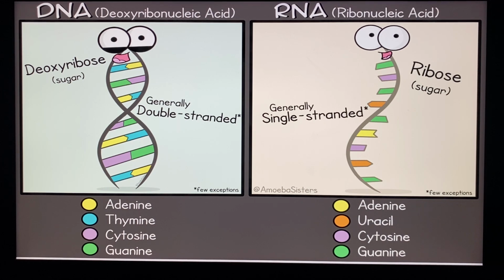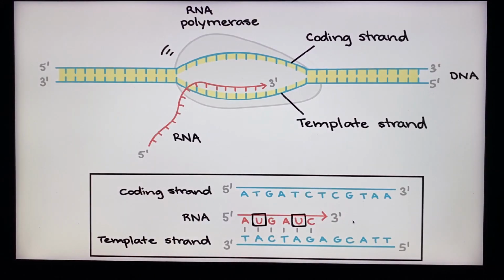The thing with RNA, ribonucleic acid, is that instead of thymine, it's got uracil. When it's DNA, it's got thymine: adenine, thymine, cytosine, and guanine. The RNA has everything except the thymine. That thymine is now uracil. So just remember that.